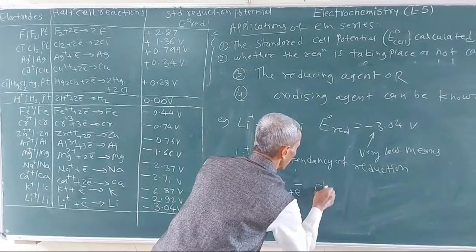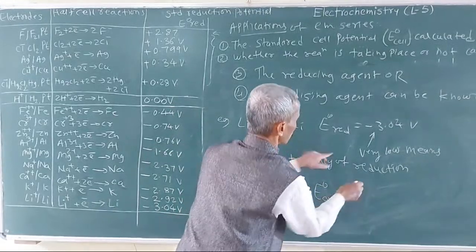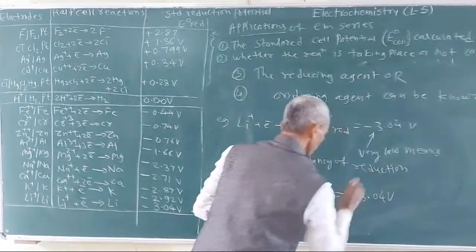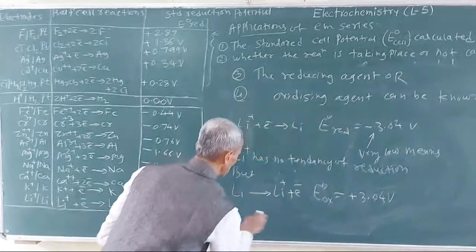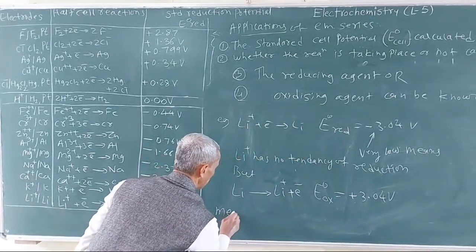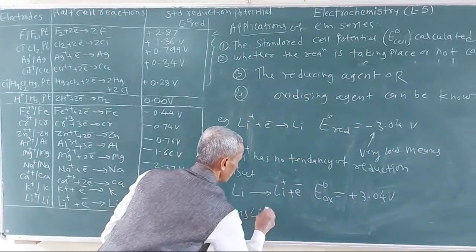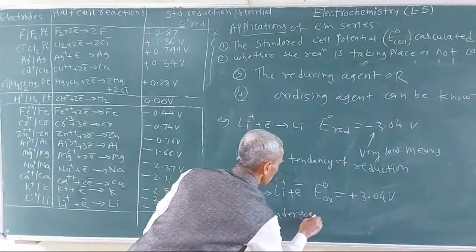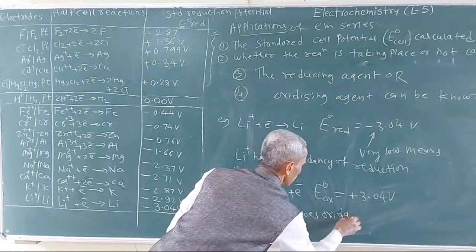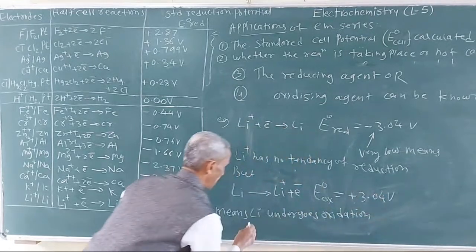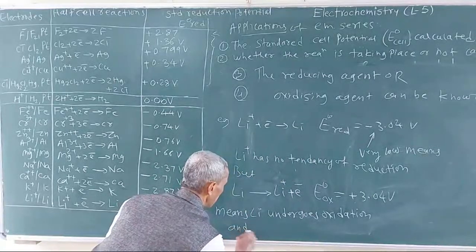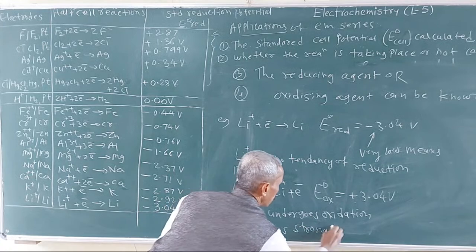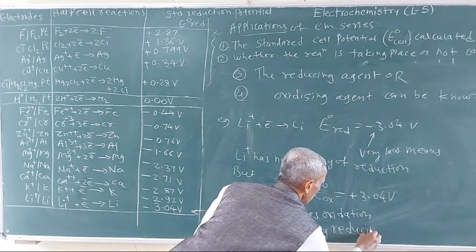Therefore E0 of oxidation is equal to, now the sign changes, plus 3.04 volts. So this is a high value. It means lithium undergoes oxidation and acts as a strong reducing agent.